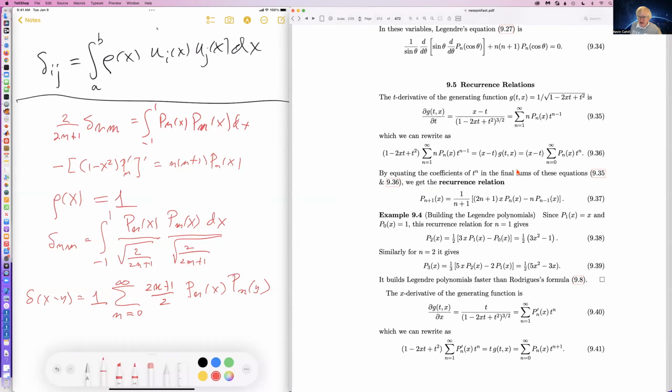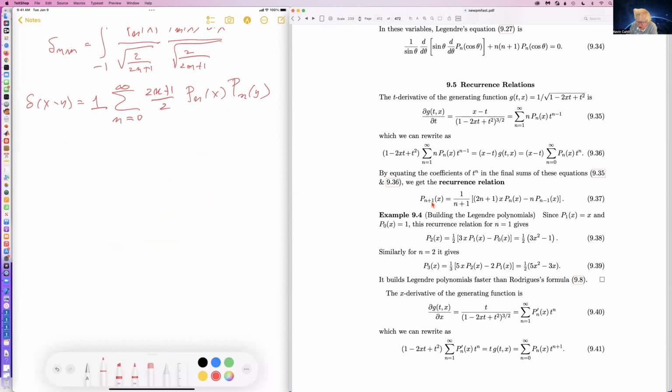So there are various recurrence relations for the Legendre polynomials, and what you've got then is a fairly cute way of computing the Legendre polynomials. In other words, we just worked out what the first three polynomials were, but really you only need the first two, P0 and P1. And so this would give P2.